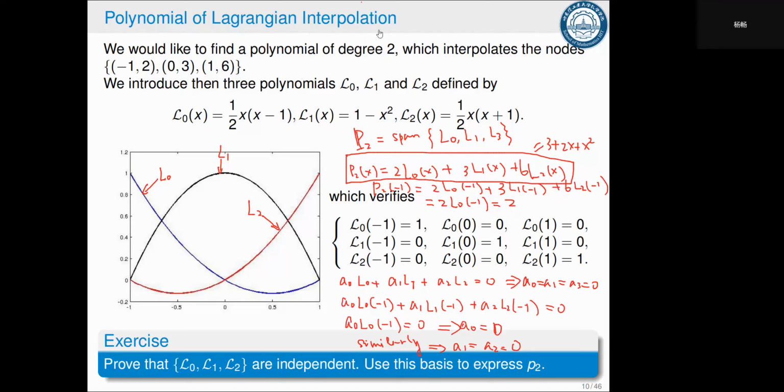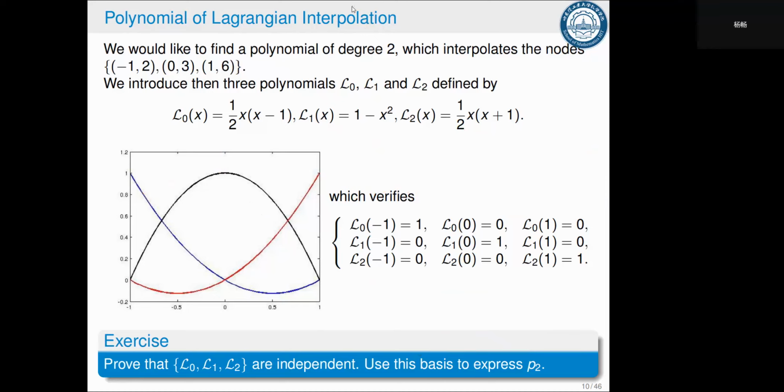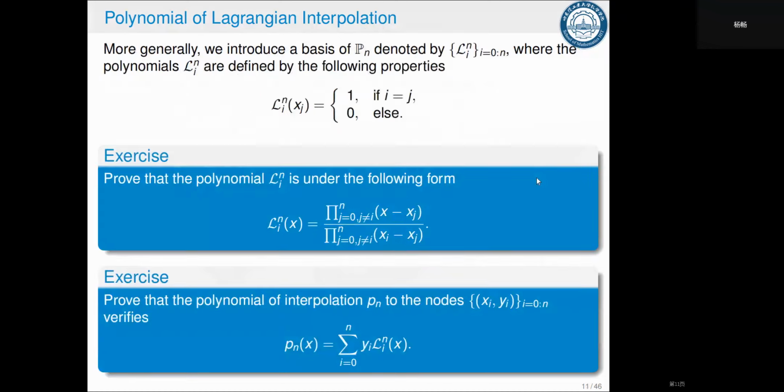So let's look at the more general case. Let me clean this up. This is the more general case for the Lagrange interpolation.